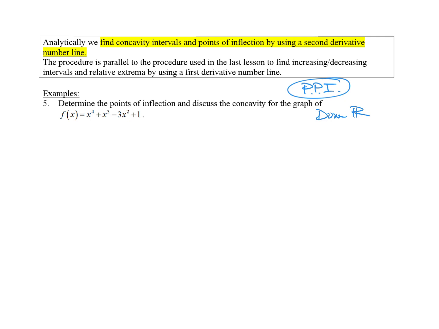Yeah. Could you have a point of inflection at a place where the graph doesn't exist? Because there has to be a point. Yeah, there has to be a point. So where you have domain restrictions, it's never going to be a point of inflection. But it does help you when you're doing that number line thing. So I always do domain no matter whether I'm doing first derivative or second derivative, I always do it.